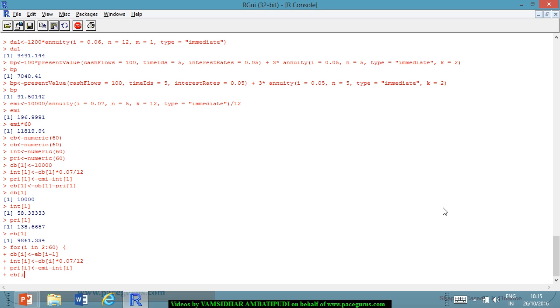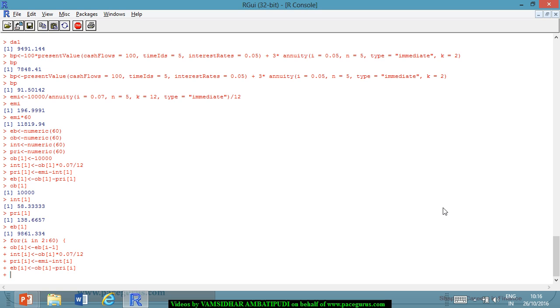Ending balance of I comes out as opening balance of I minus principal of I. We also require the EMI, right?